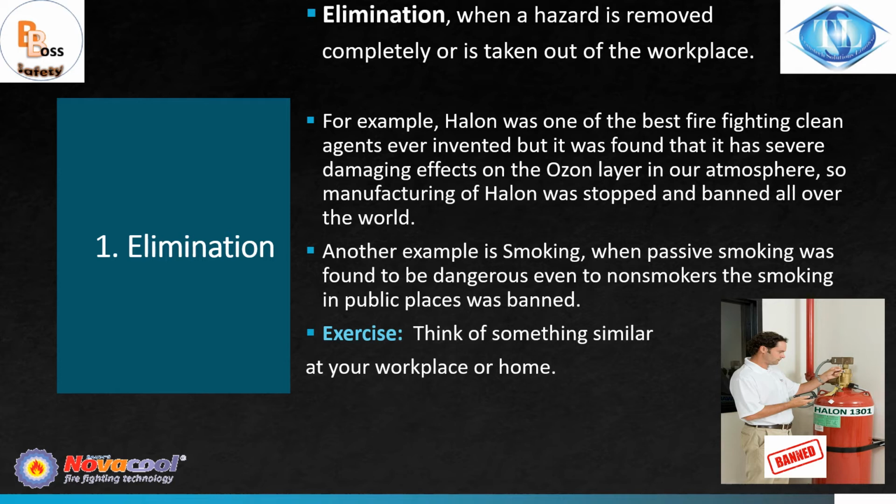And the ozone layer is very high in the atmosphere, several kilometers, and it is responsible for protecting us from the UV rays from the sun, which may cause skin cancer, for example.